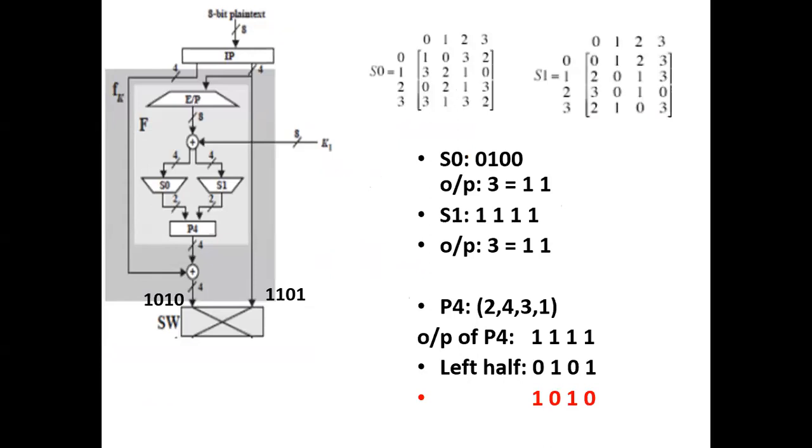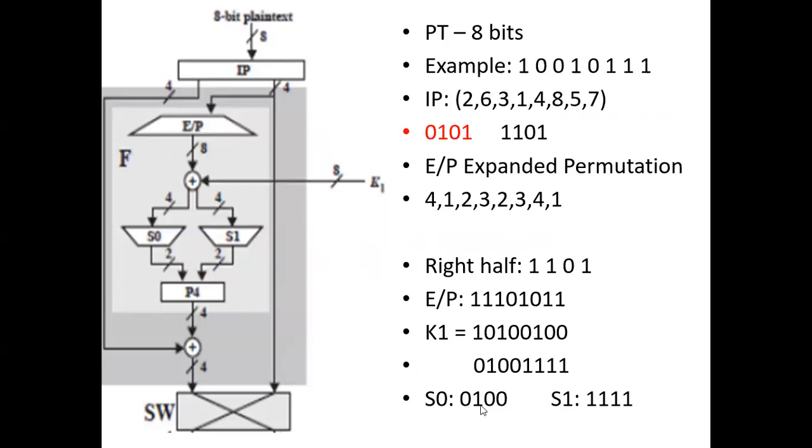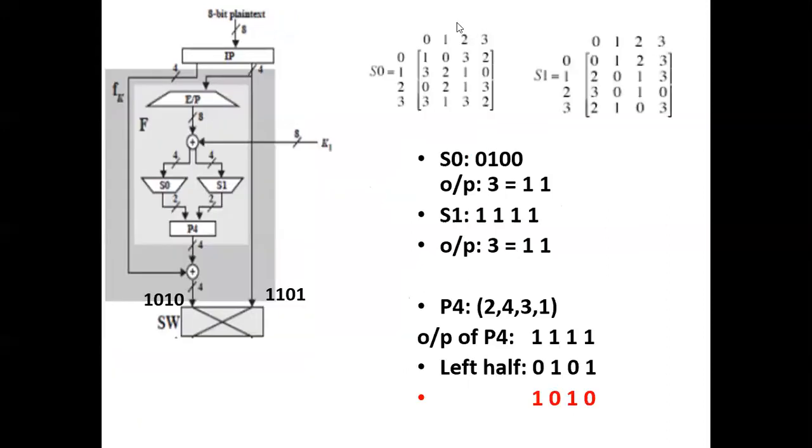For this 0100, as I already told you, the first bit and the last bit represent the row, and the middle 2 bits represent the column. That means here it is 0th row and second column.